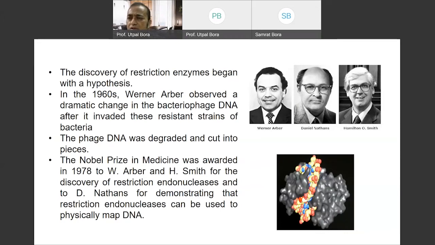So this was the first discovery of restriction endonuclease, and for this they were awarded the Nobel Prize in 1978. Werner Arber and Hamilton Smith for the discovery of restriction endonuclease, and D. Nathans for demonstrating that restriction endonuclease can be used to physically map DNA.